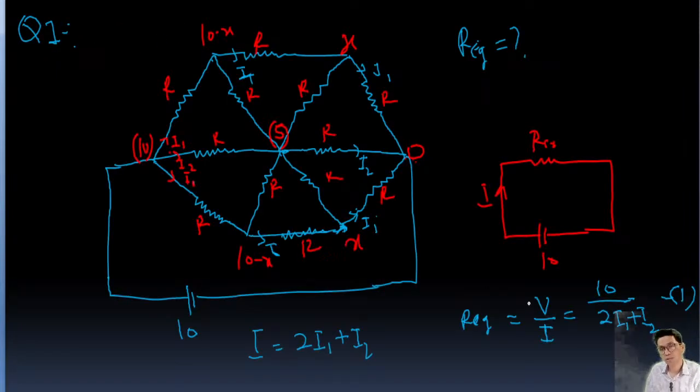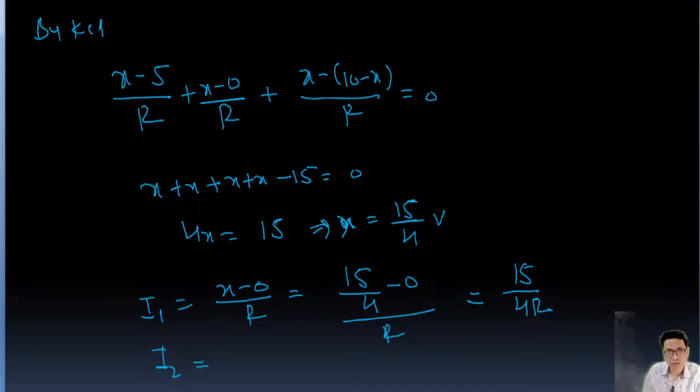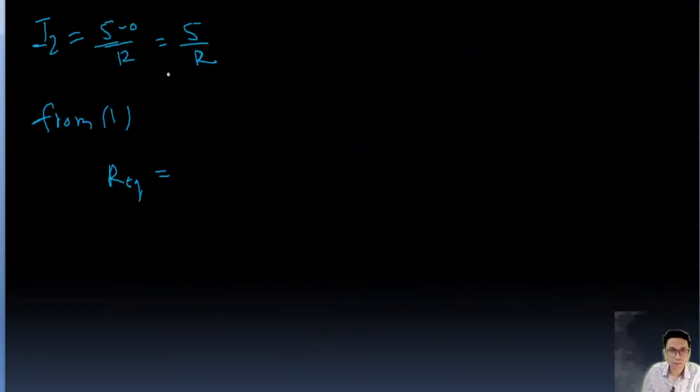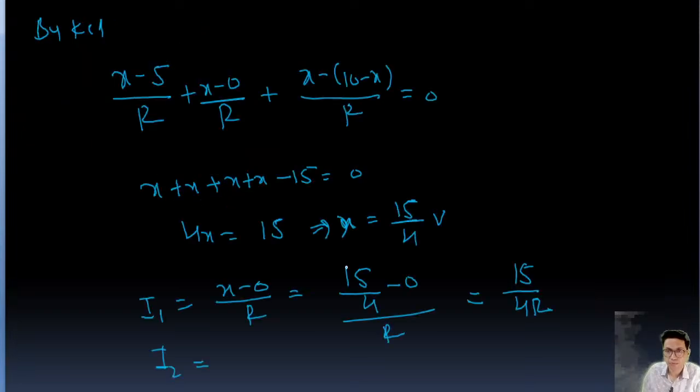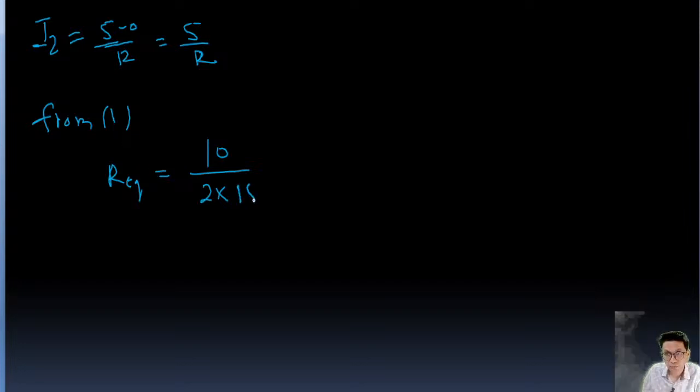We'll put these values in equation 1 and get the required equivalent resistance. So from 1, R equivalent is 10 upon 2 into I1, which is 15 upon 4R, plus I2, which is 5 upon R.